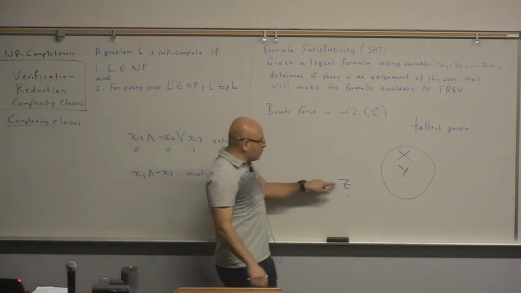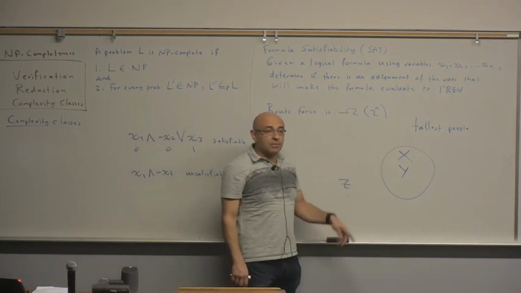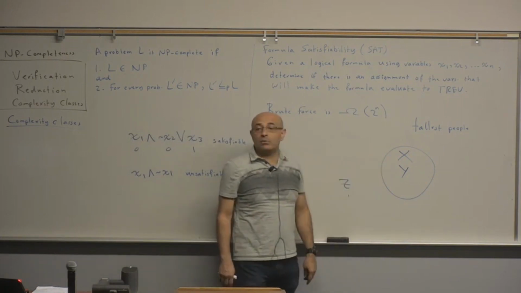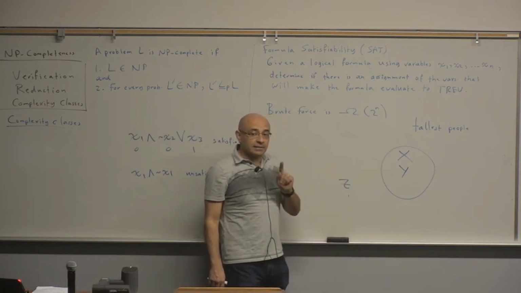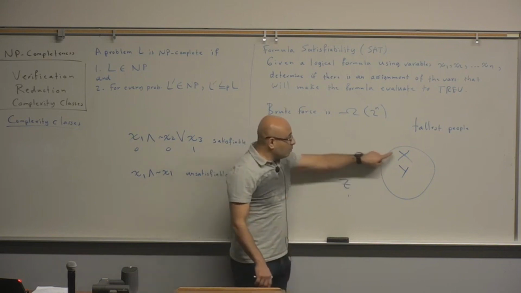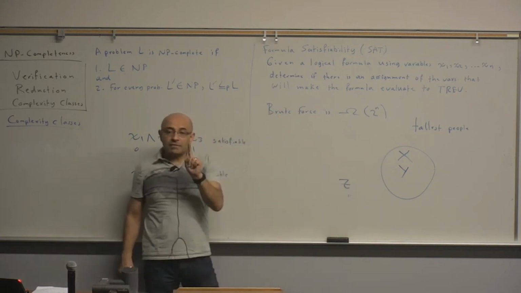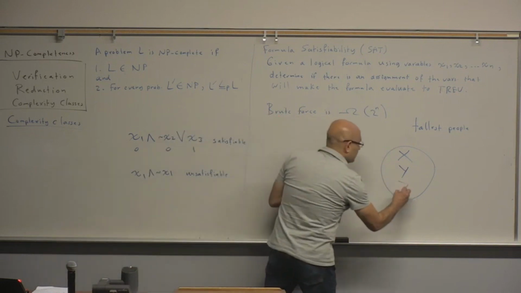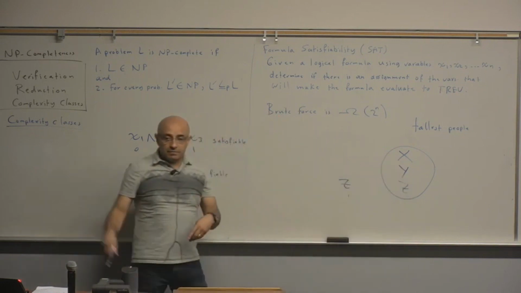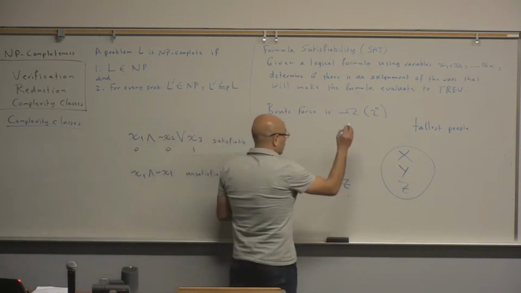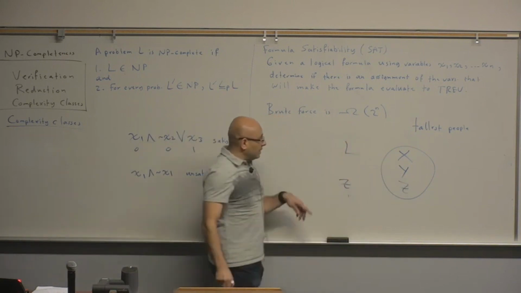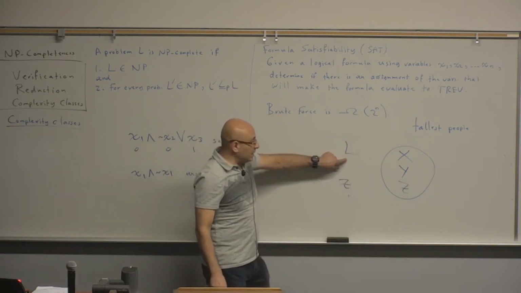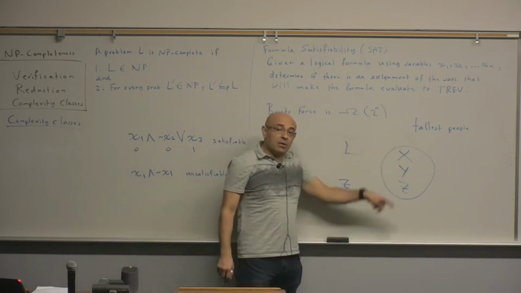So it suffices to compare Z with only one of the people who are already in the club. And then if Z is there and you want to prove someone else like L, then you only need to compare L with one of these guys, not all of them.